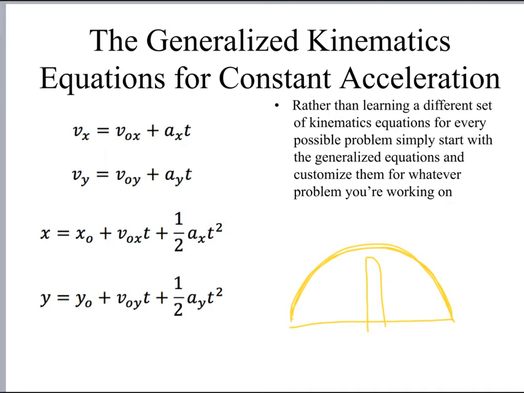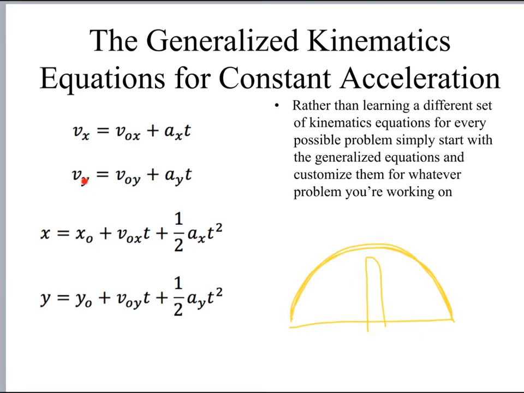And so that means we have kinematics equations that are customized for each possible motion. I have an x velocity and an x position. I have a y velocity and a y position. This is the first kinematics equation. v is equal to v naught plus at, but I've just added a little subscript x to let me know that that's talking about the motion along the x-axis.